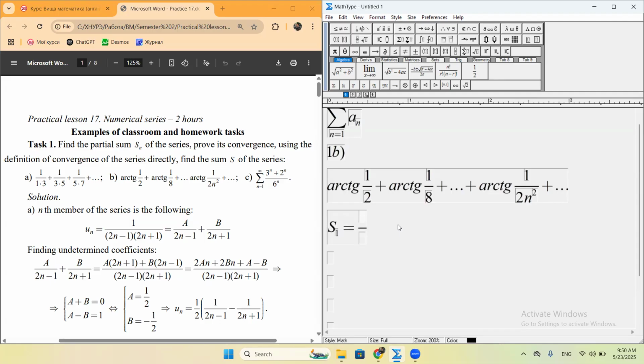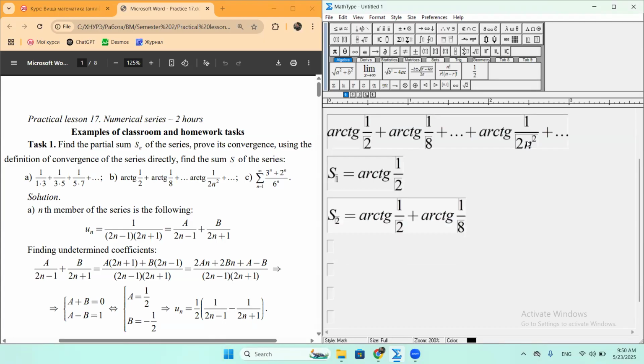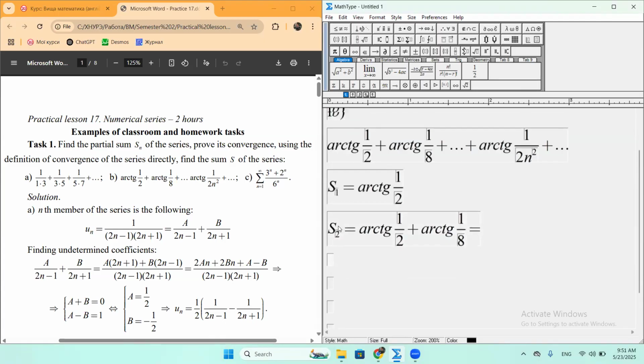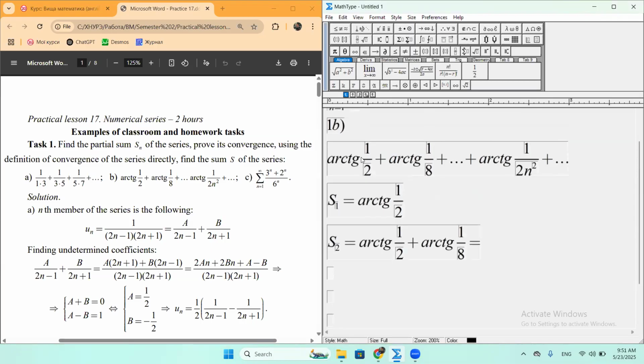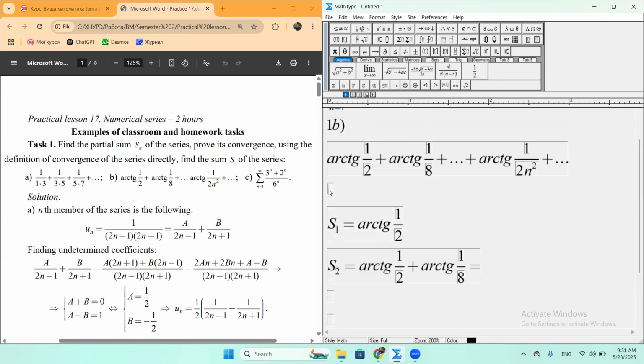So calculating firstly S1. It will be equal to arctangent of 1 over 2, just the first term. Then S2 will be equal to arctangent of 1 over 2 plus arctangent of 1 over 8. How to calculate? There is a special formula from trigonometry. Let me write it down here.